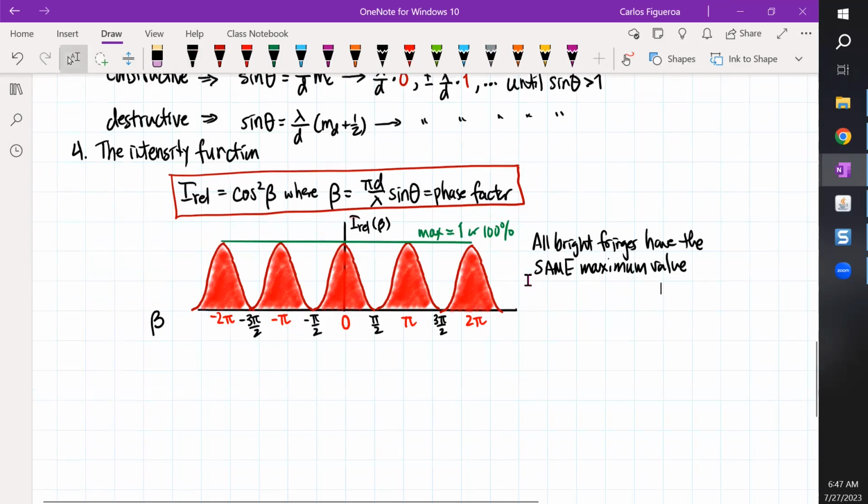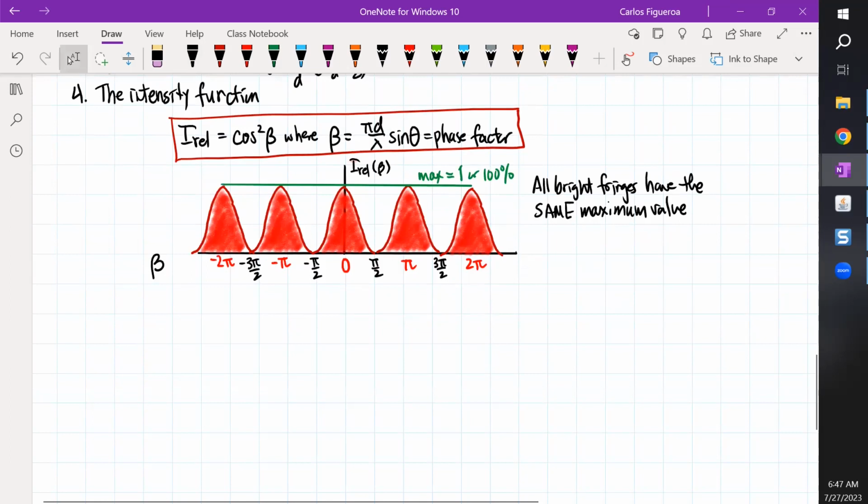So now what I want to do is look at single slit diffraction.